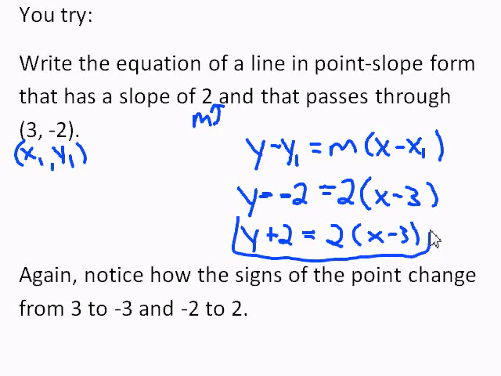Again, the minus negative became plus a positive. Please notice how the signs changed from the point, positive 3 and a negative 2, to, when we put it in the equation, a negative 3 and a positive 2.